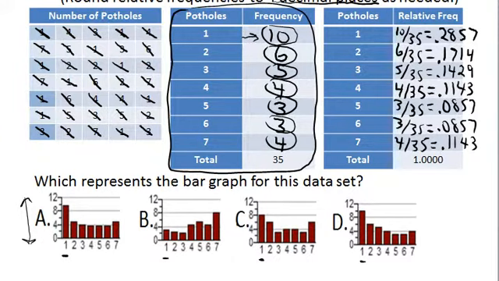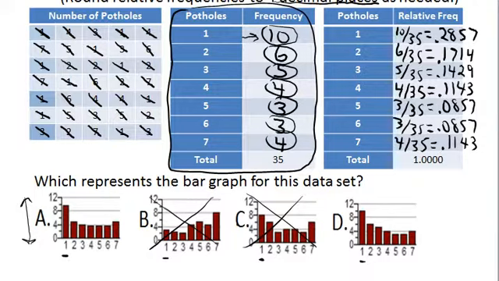The frequency is 10. So B does not have a frequency of 10, so it's out of contention. And C has 8, it's not 10 either. A and D both have the right frequency for one pothole.